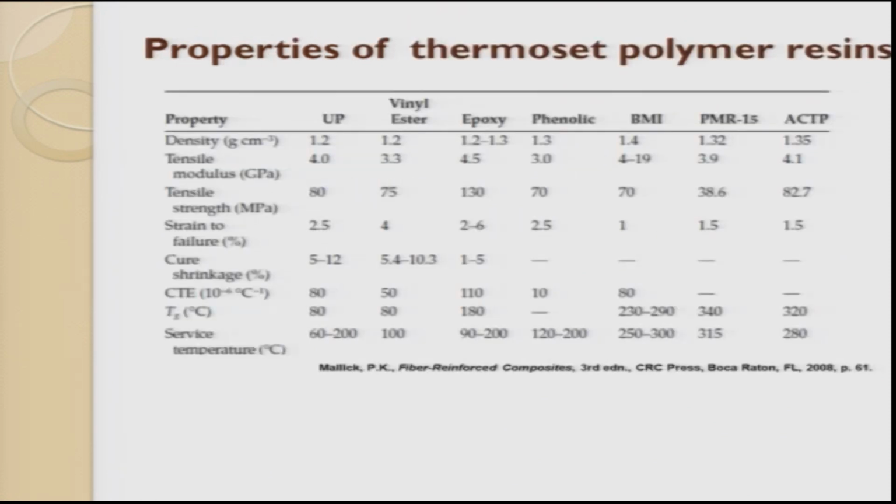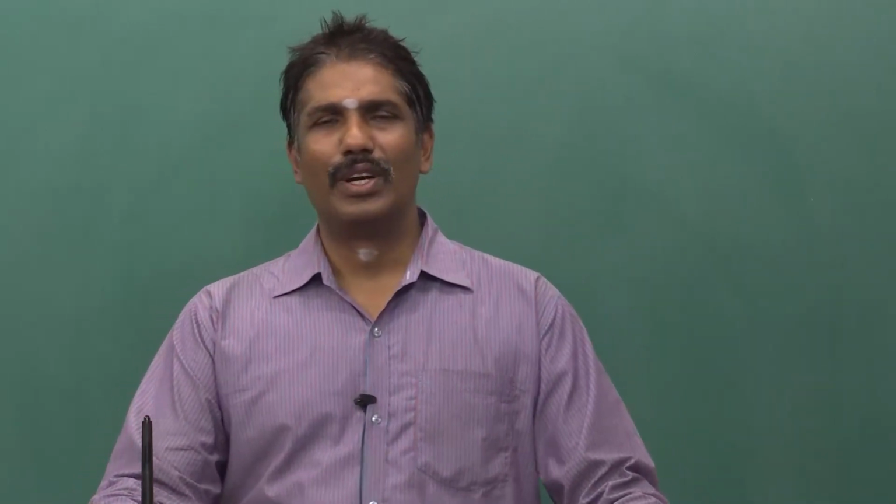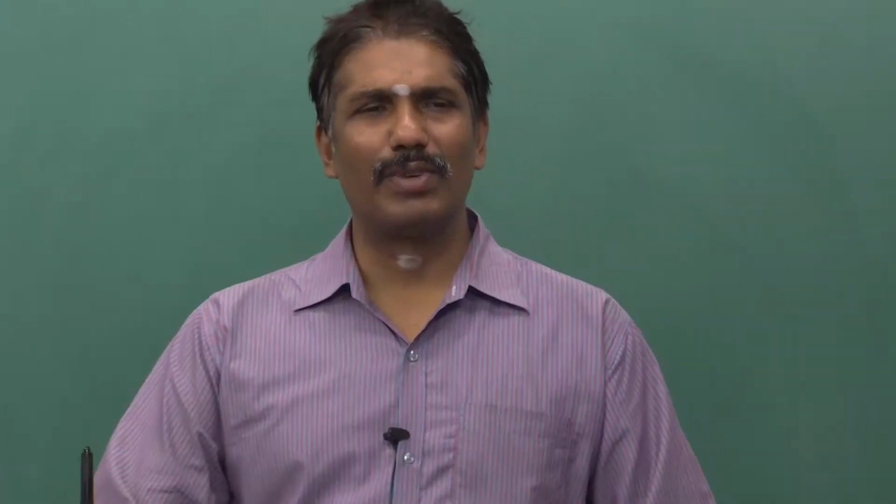I gave an assignment in the last lecture, wherein I asked you to take a thermoset and a thermoplastic polymer component or part and compare the properties relatively. So here is some information for you.